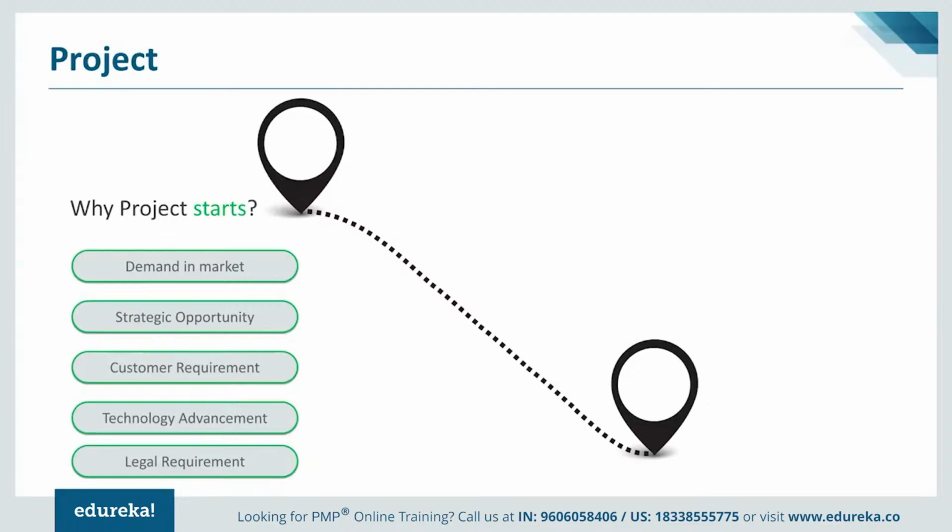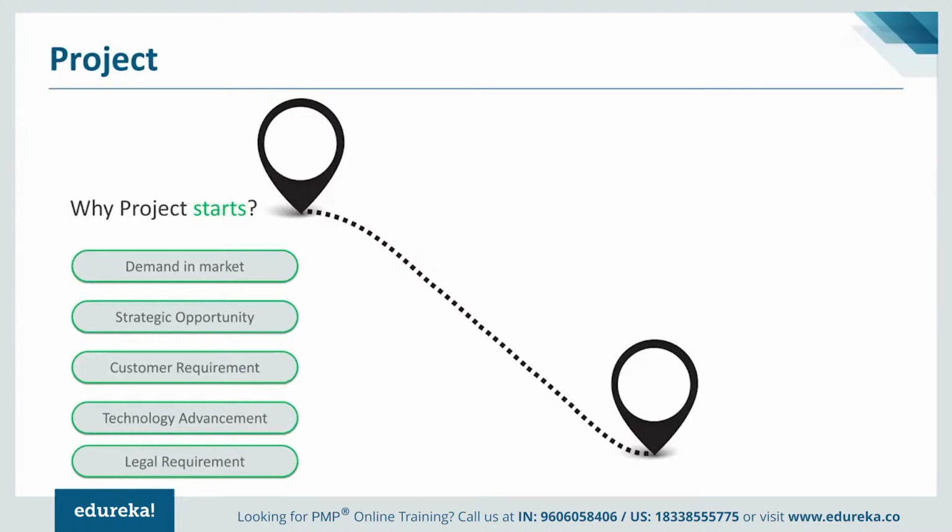A team of people was working in that region to analyze the demand for a particular pharmaceutical product. And once there is a demand, then obviously you would go ahead and launch that product into that market. So a project could get initiated as a result of demand in the market.